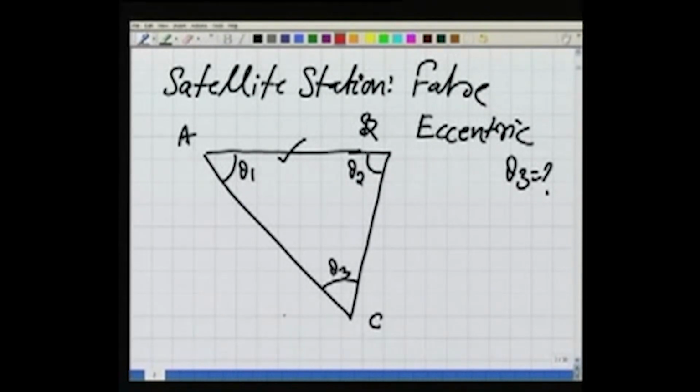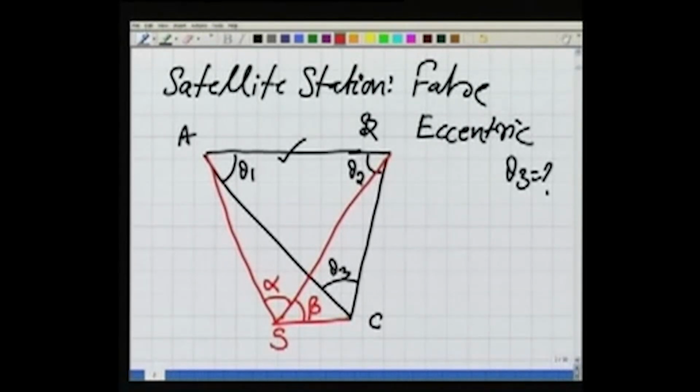We take one more station which is very near to C, so that this station S can be occupied, and from S we can measure the angles to A, B and C. For example, the angles measured at S are alpha and beta.